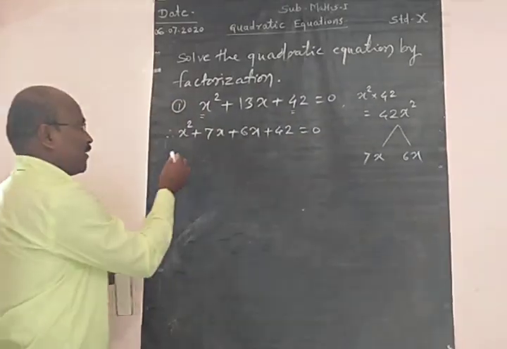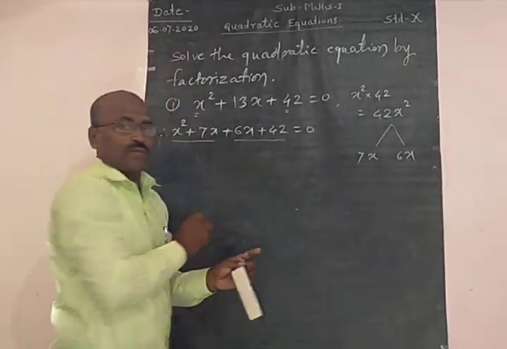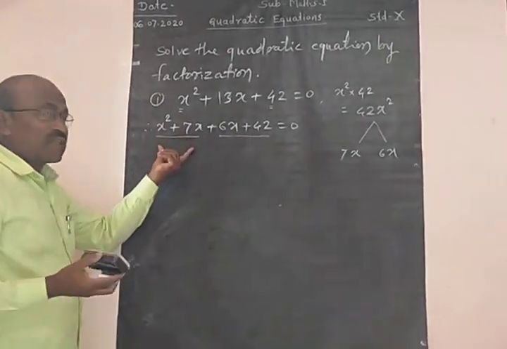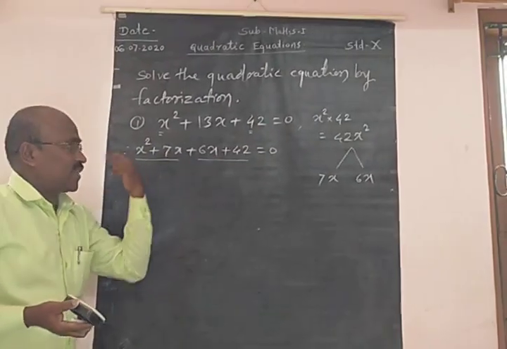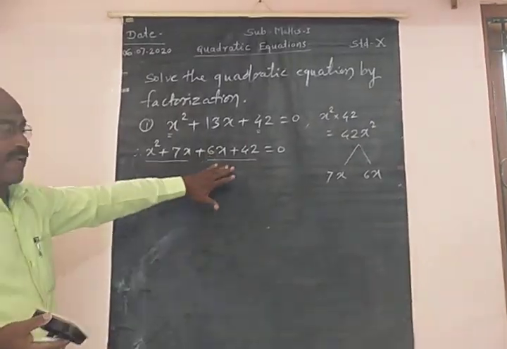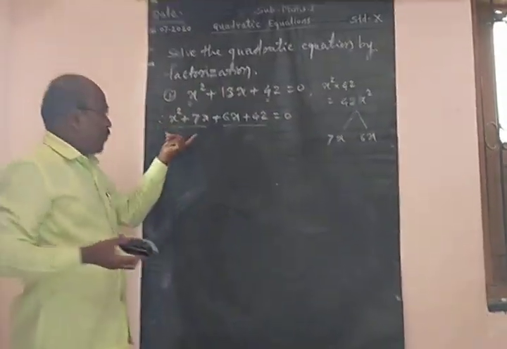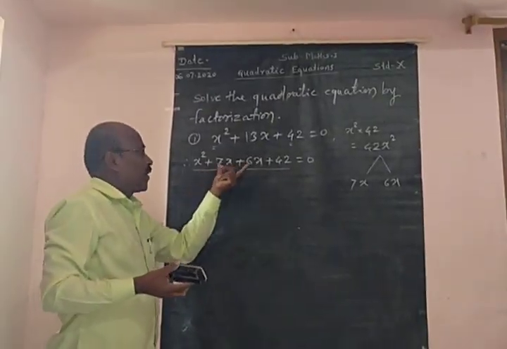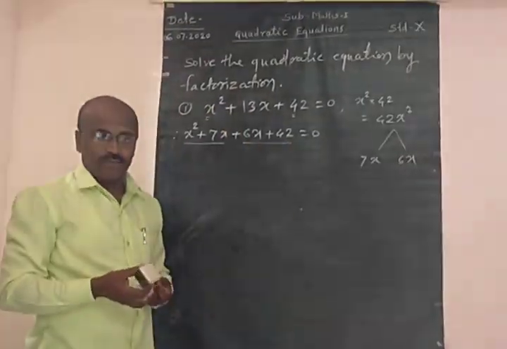Now we can find the two groups of two terms each. That means x square plus 7x is the first group, and 6x plus 42 is the second group. We have to make two groups: the first two terms form one group and the second two terms form the other group.